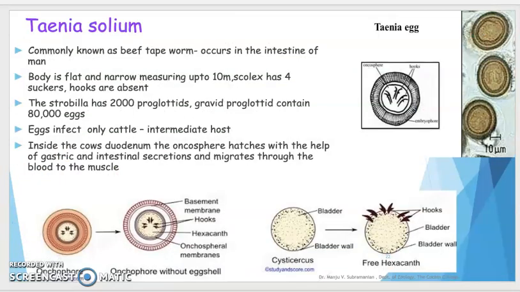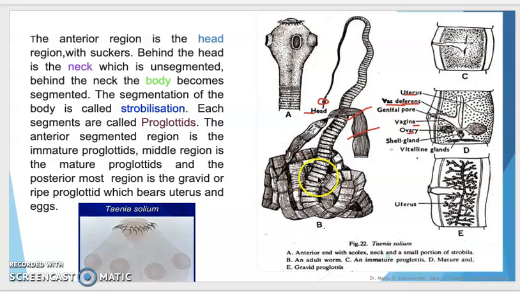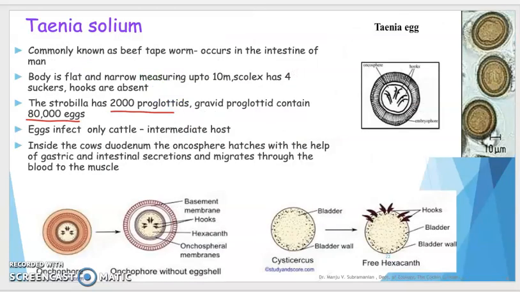This Taenia solium occurs in the intestine of man, and it may contain around 2000 proglottids. The gravid proglottid contains about 80,000 eggs. The eggs infect only the intermediate host. Inside the duodenum, the oncosphere hatches with the help of the gastric and intestinal secretions.